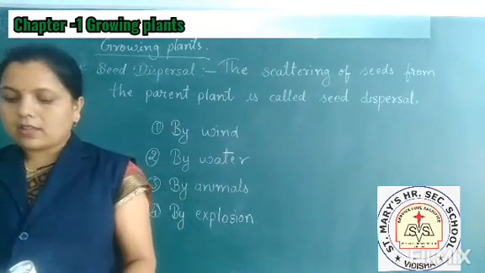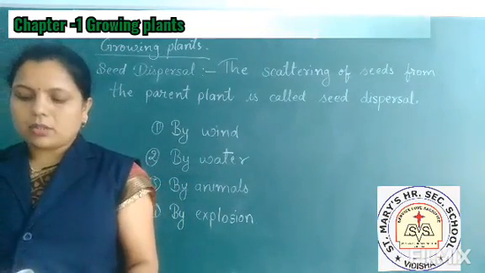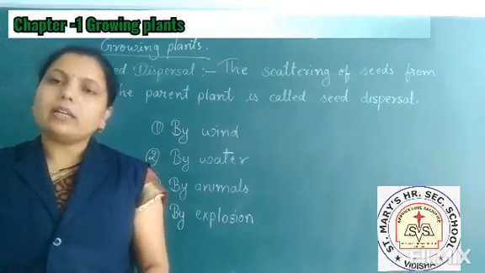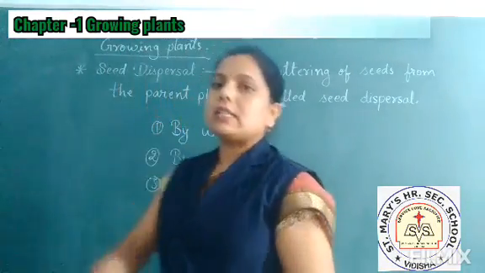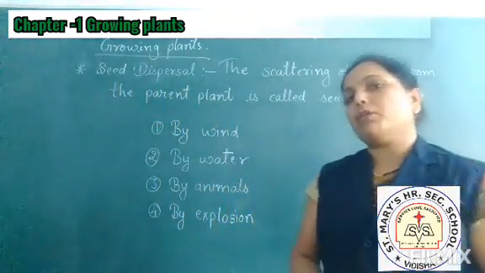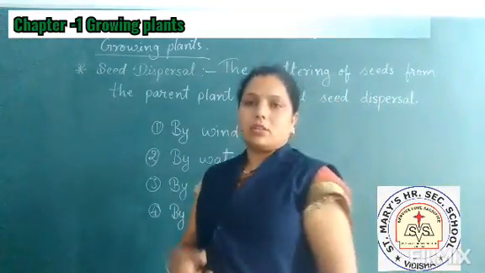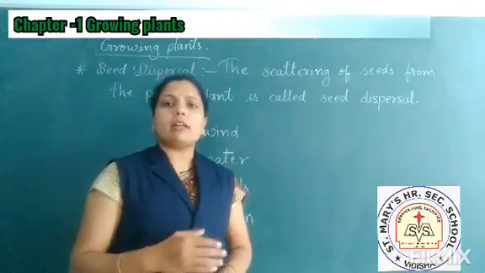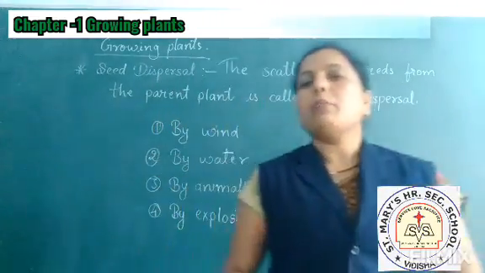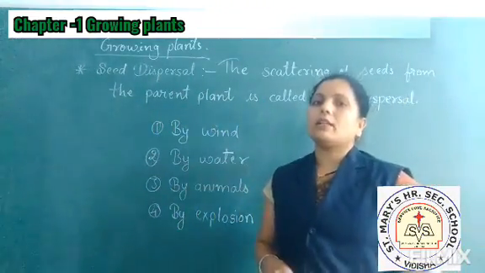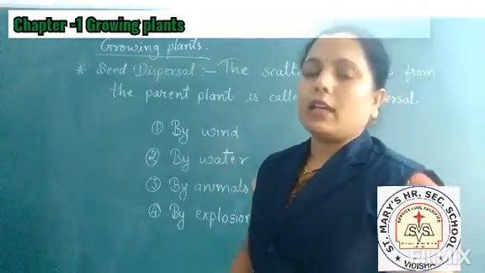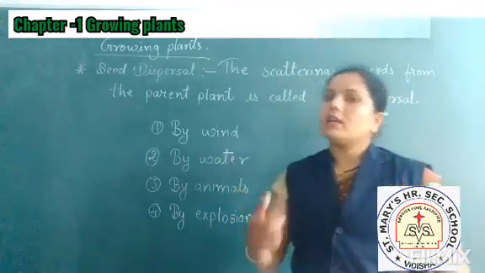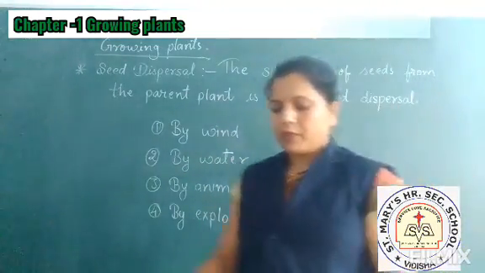So the husk enables it to float easily. Maybe you have seen that many seeds float in the water, in the river and many more places, and when they reach soil they start growing.